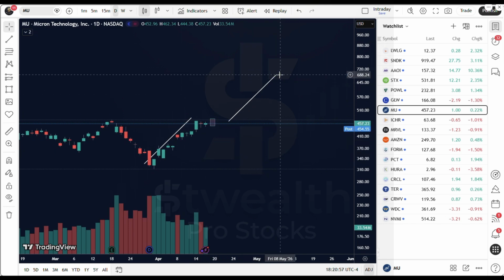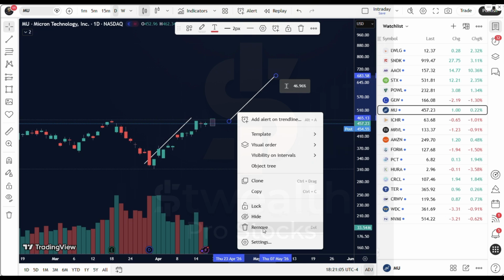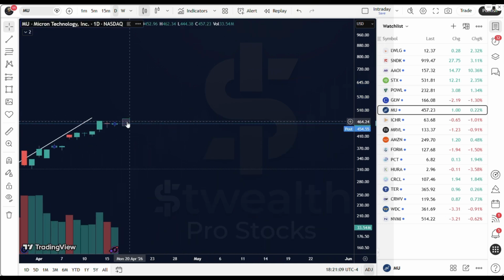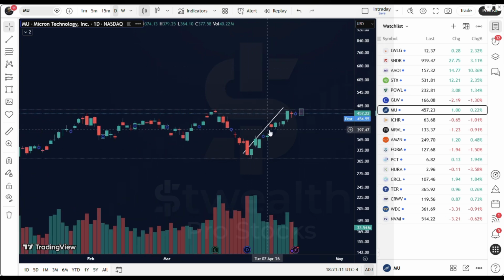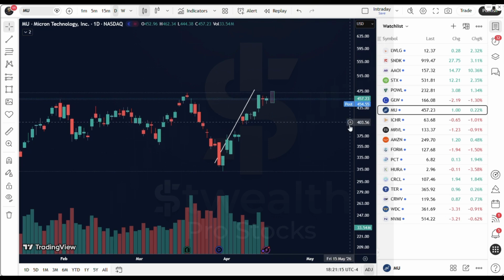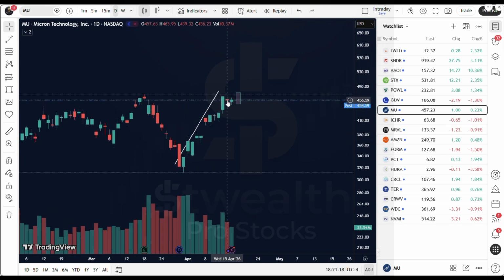Leg two can go up to 680, and if it's going to 680, that's wonderful. But that is how I expect it. This is a fake candle that I posted here for illustration. Let me take this out for now. Oh, it's not letting me. That's fine.